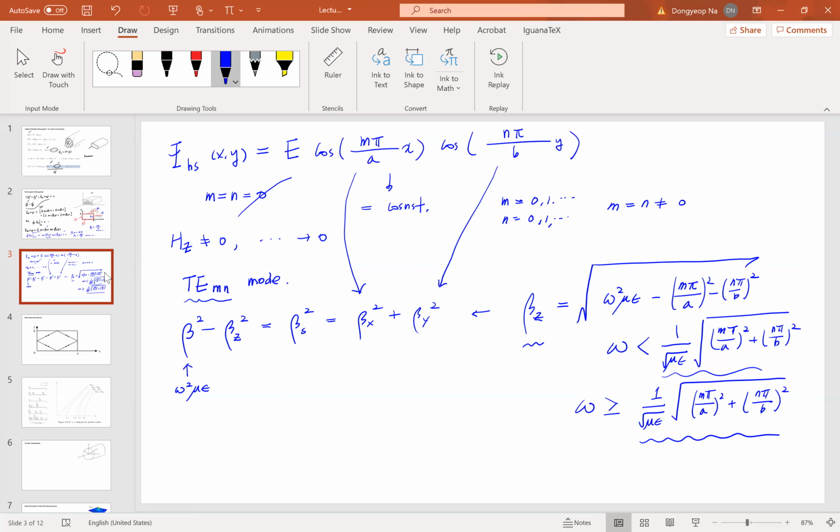When omega is equal to this value, it is called the cutoff frequency. So as long as omega is greater than the cutoff frequency, this TE mn mode can propagate inside the waveguide.